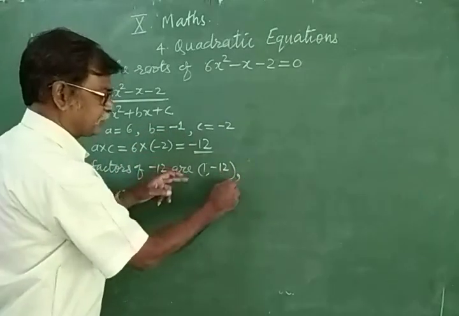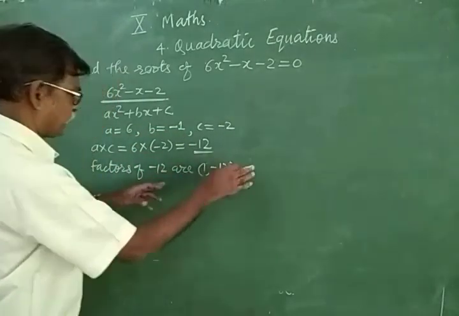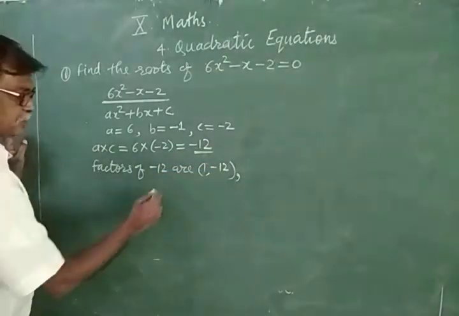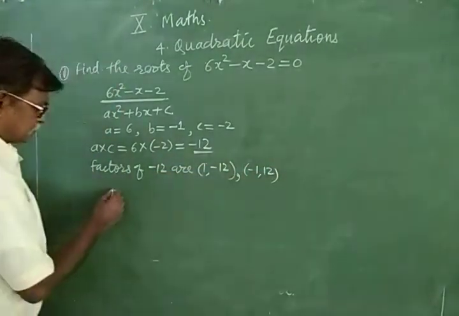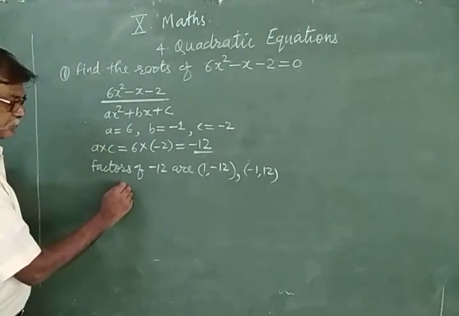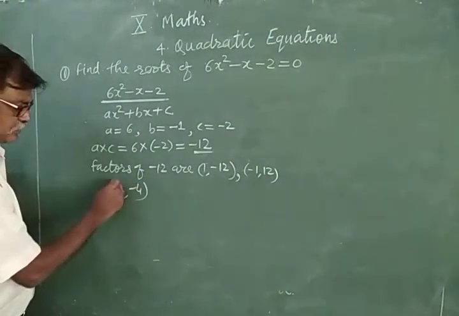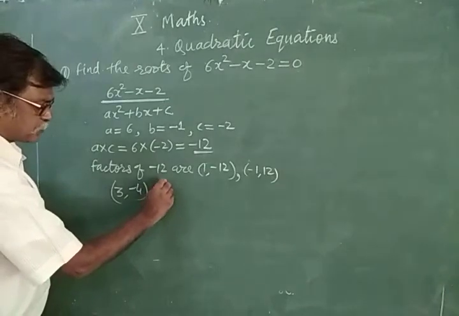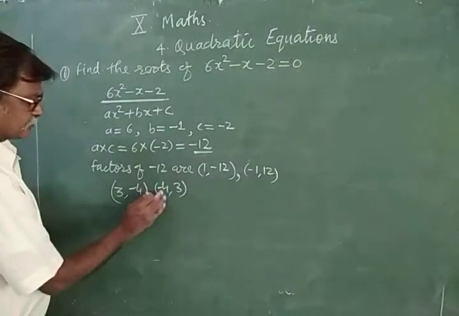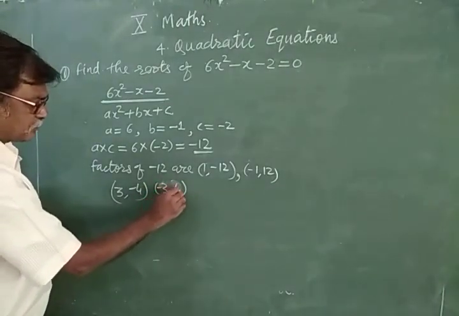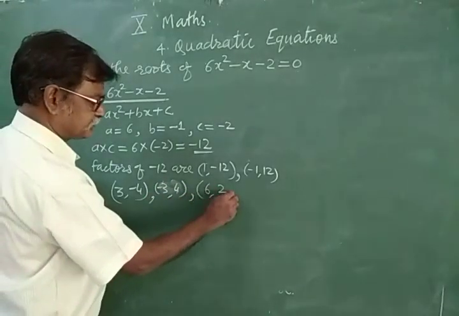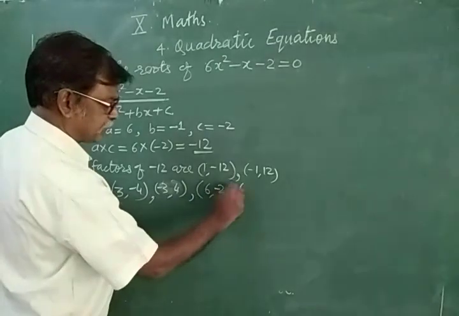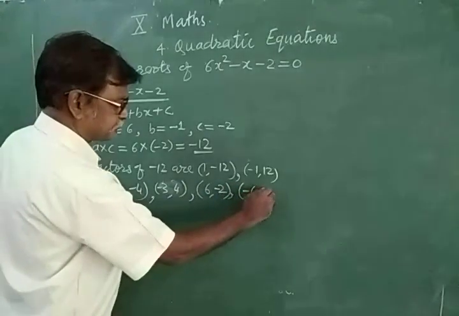First we shall write all the pairs of factors. 1 and minus 12, then minus 1 and 12, then 3 and minus 4, and then minus 3 and 4, then 6 and minus 2, and minus 6 and 2.